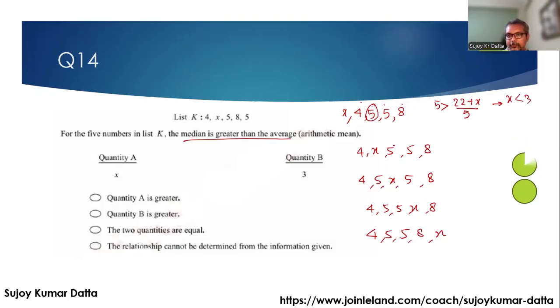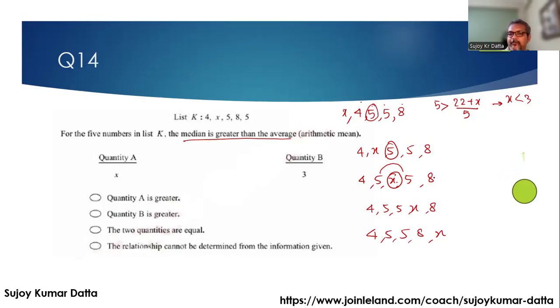Over here also the median is 5, so we'll get the same result. Over here the median is x. But then it's between 5 and 5, and you're looking at an integer, right? Between 5 and 5, you can't have anything else other than 5 itself. Not less, not more.